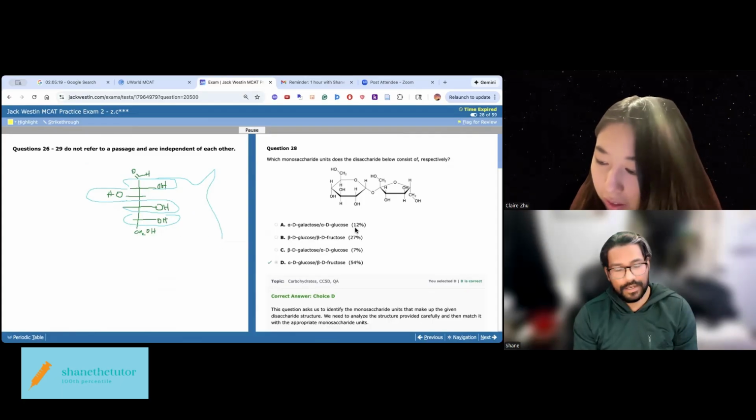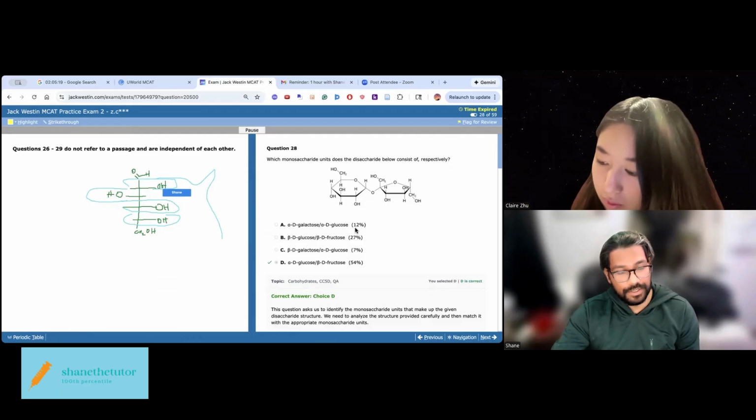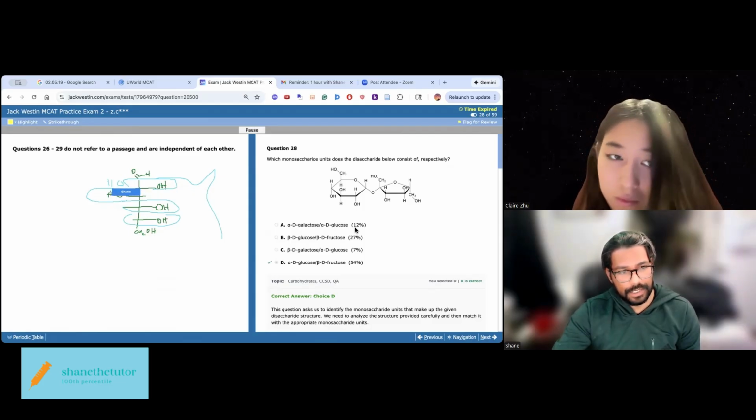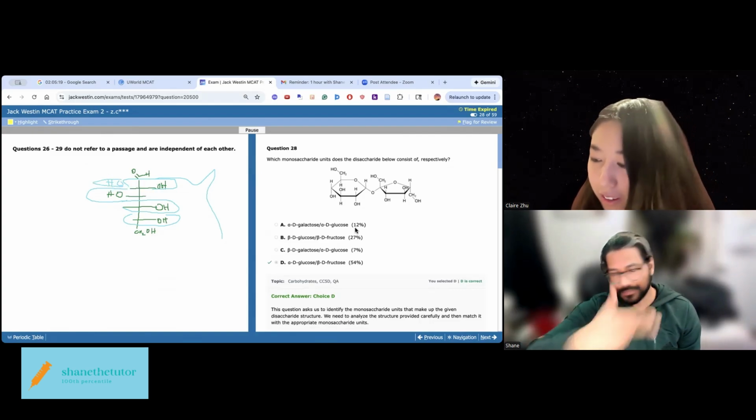And then if you had a C2 epimer, this OH on the second carbon would go here. Okay, makes sense.